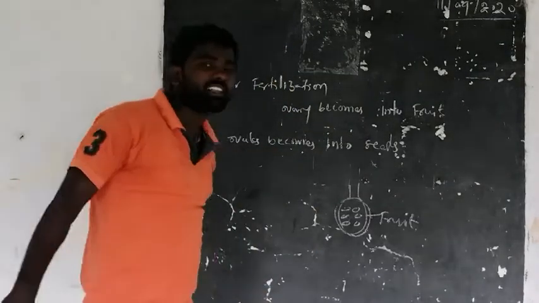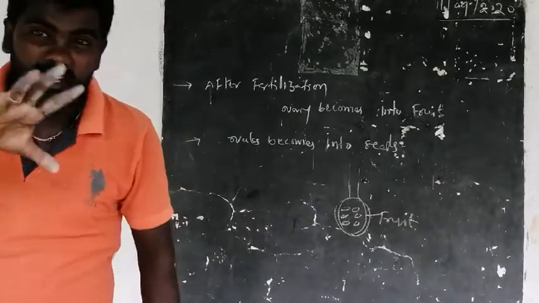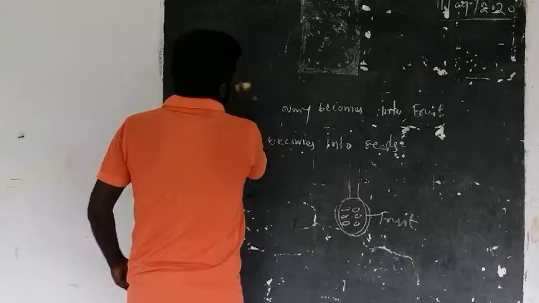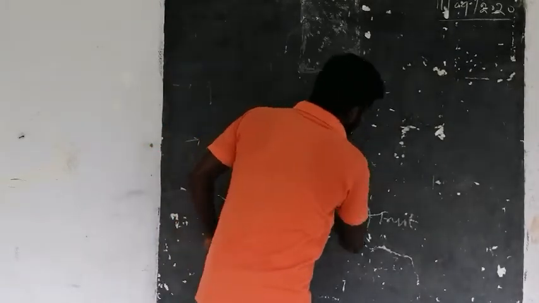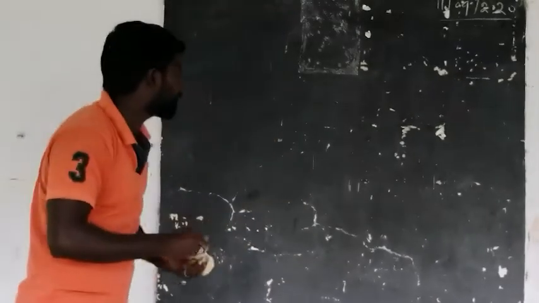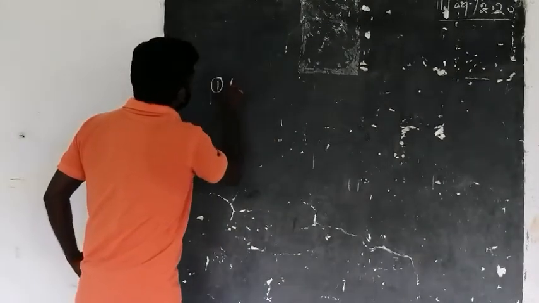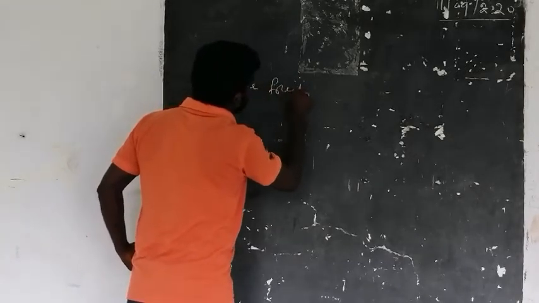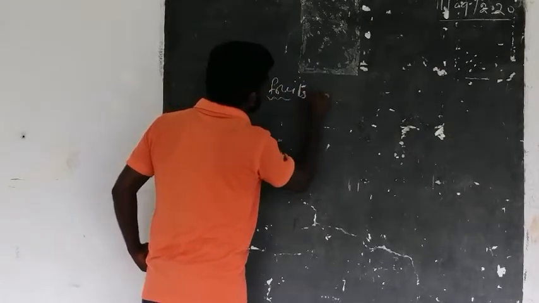Now after the development of fruits, there are mainly two kinds of fruits: true fruits and false fruits. Number one, true fruits. What are true fruits?